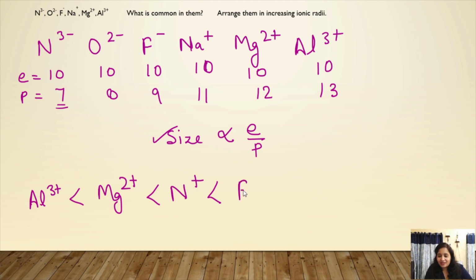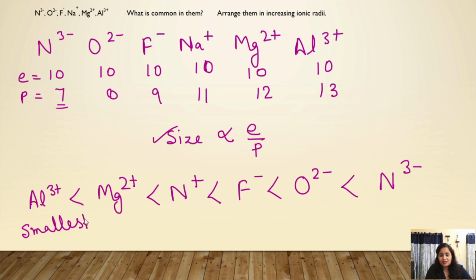Then will come fluoride, having 9 protons. Then will come oxygen ion having 8 protons, and the largest will be the nitrogen 3 minus ion having 7 protons. So the largest number of protons, the smallest is the size. Then it increases, and this is the largest size.